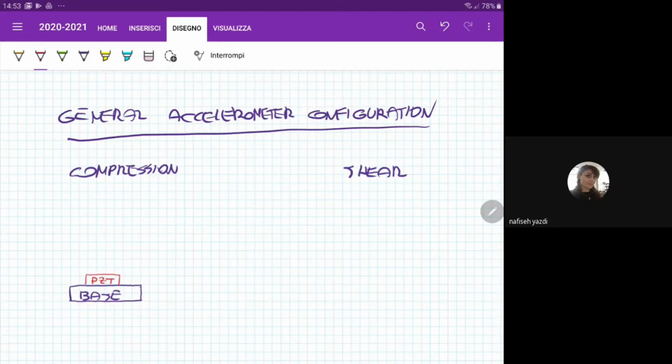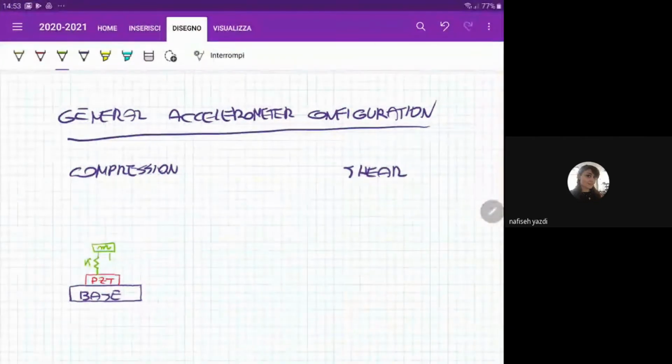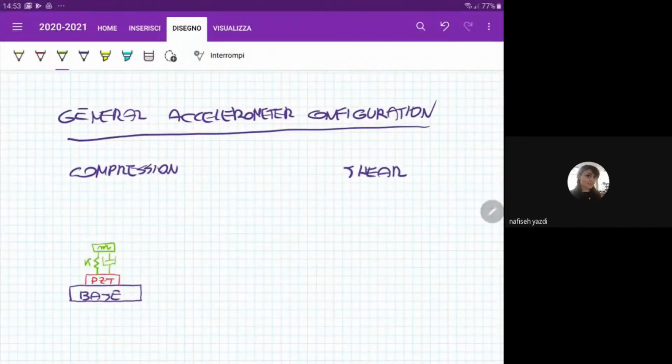Then there is a moving mass, M. And this moving mass is attached to the PZT through a mechanical stiffness, if you want, also a damping. The moving mass is the one that is sensing the acceleration.